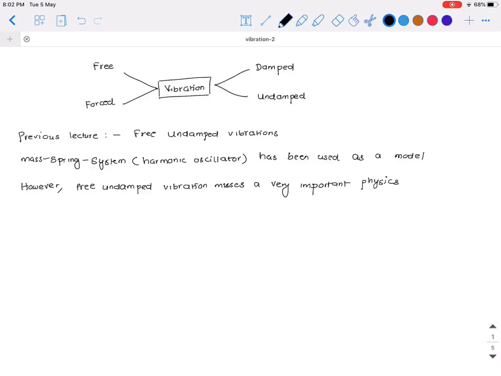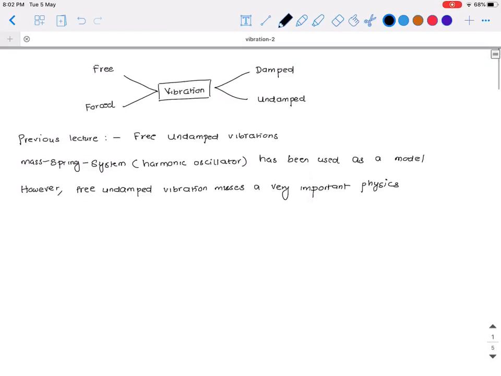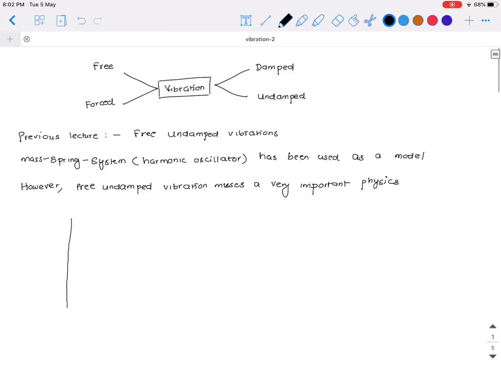That is, if you plot the total energy of the system with respect to time, for an undamped system, it remains constant.